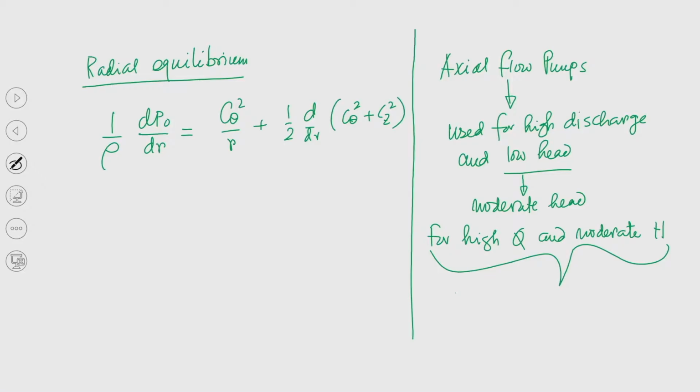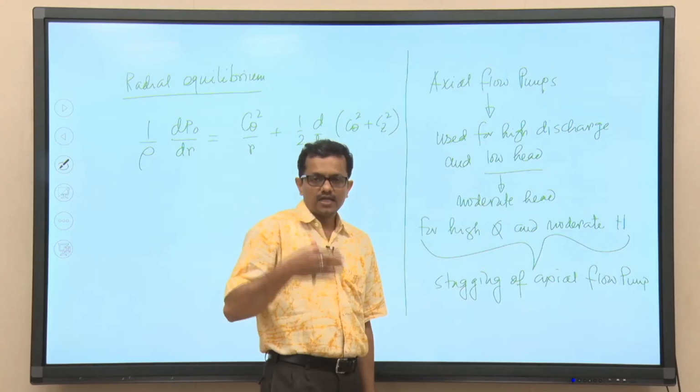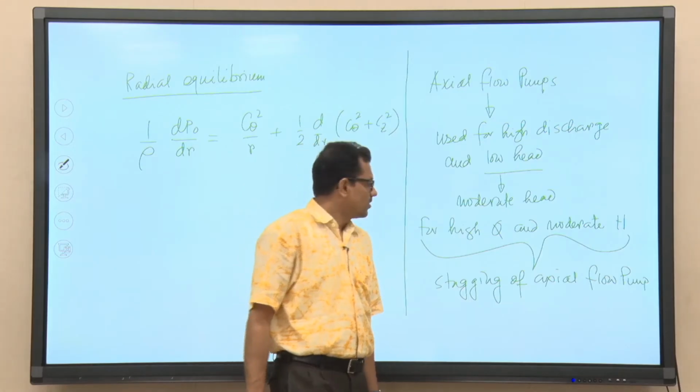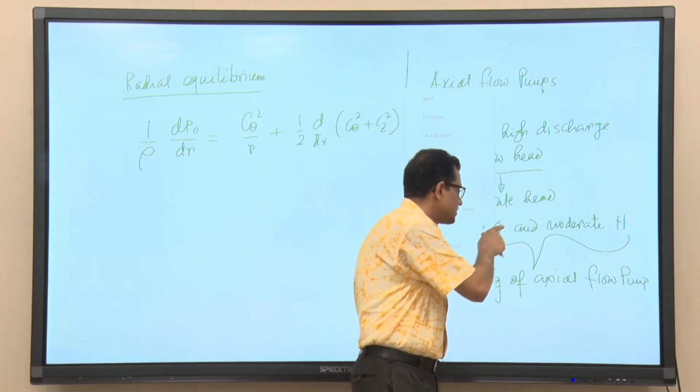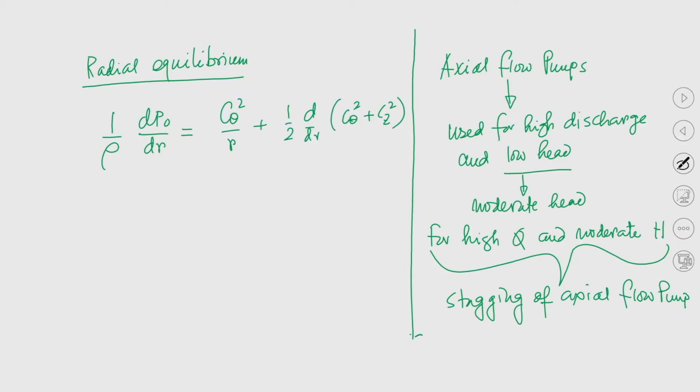That is called staging of axial flow pump, which is required when we need high discharge against moderate head.